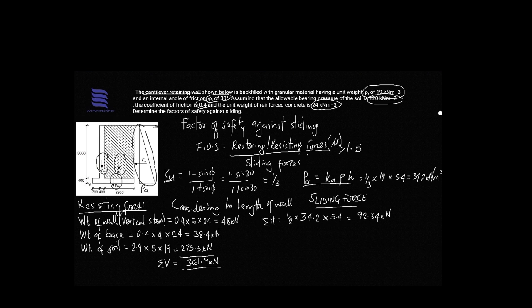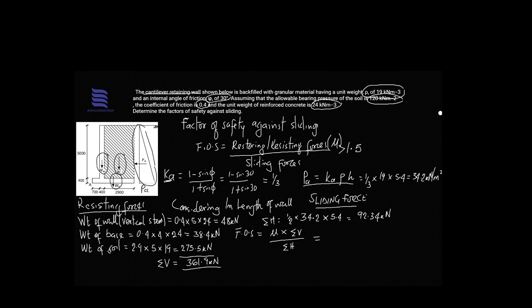All right, so our formula now would be this: mu, the coefficient of friction, multiplied by the resisting force, or the sum of the vertical forces, all over the sum of our horizontal forces, right?